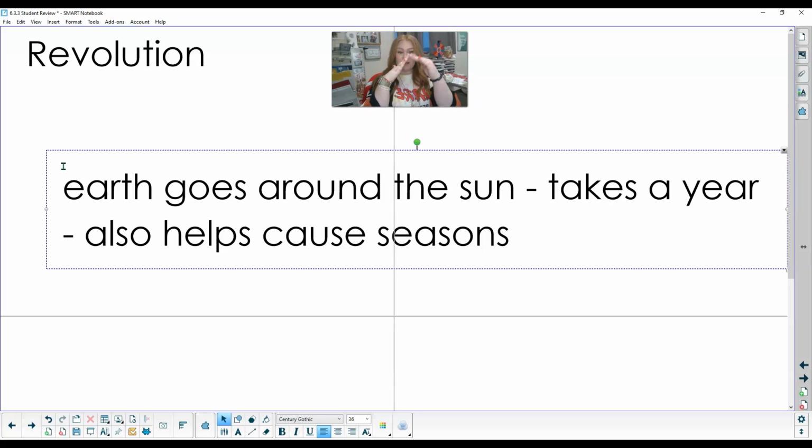So sometimes it gets the pole, sometimes it gets just the equator, sometimes it's getting the South Pole. So it's getting different places. But if it just stayed the same, then it would still be getting the same place. So it also has to move around the sun, so that sometimes it gets the North Pole, sometimes it gets the South Pole. In the spring and fall, it gets more of the equator. So that revolution and the tilt together cause the seasons. Revolution, not rotation. That is day and night.